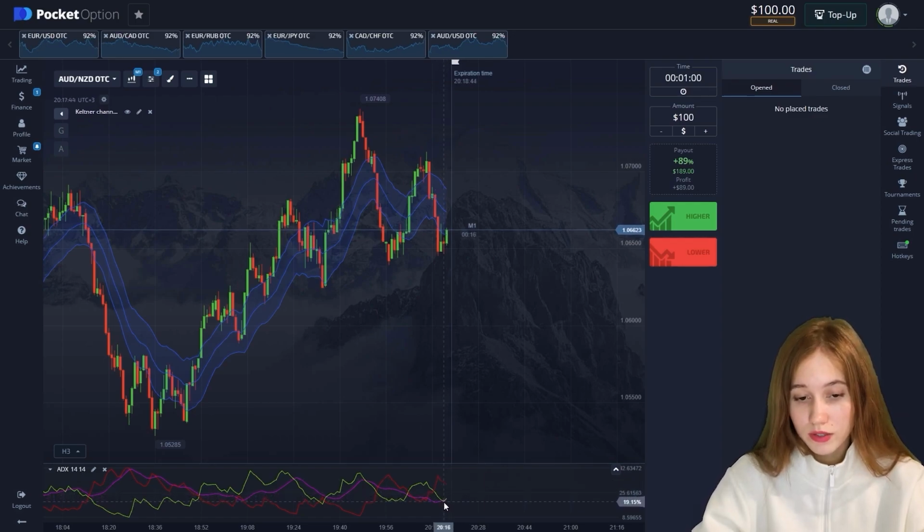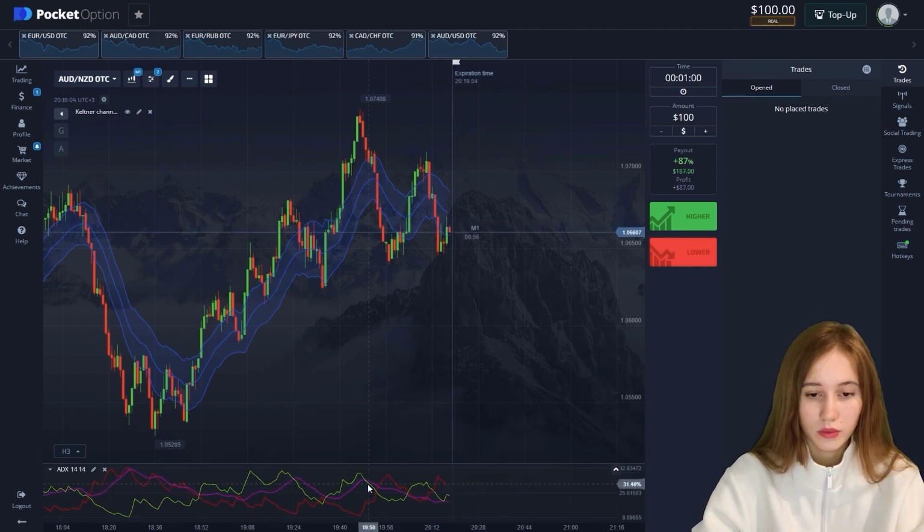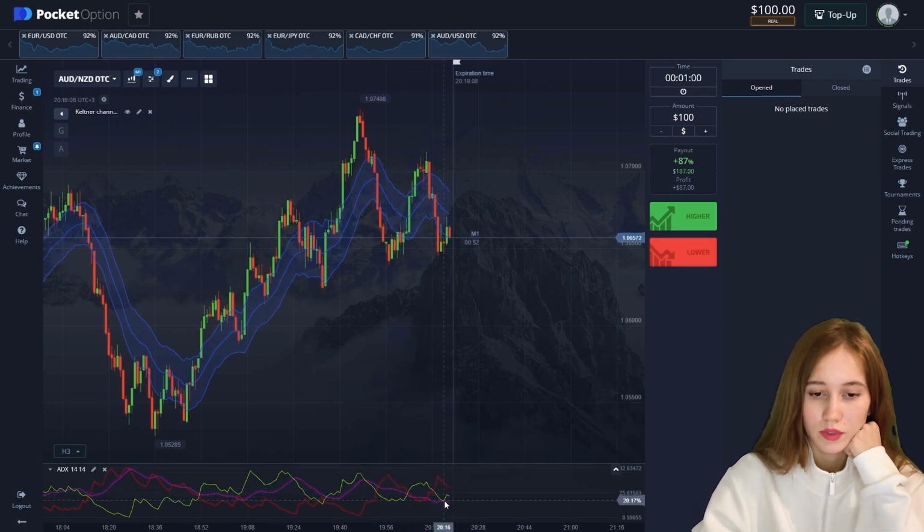If green prevails in our market, it means that this is an upward trend. If red prevails, the trend is down. So it's very simple. Volatility was quite high, intensity is falling.